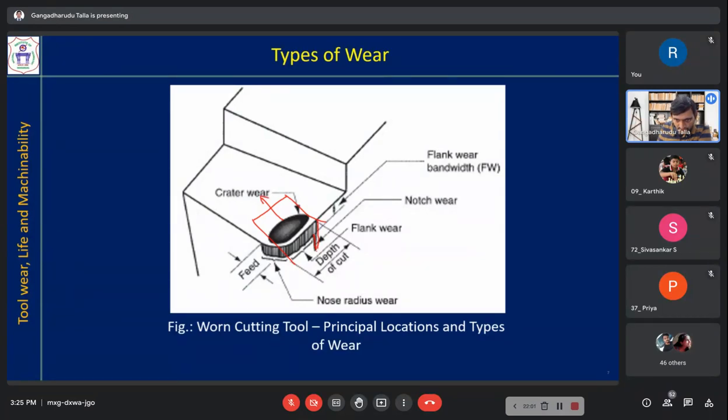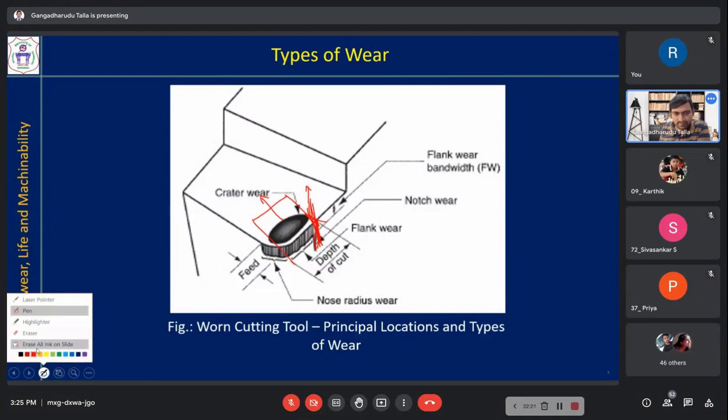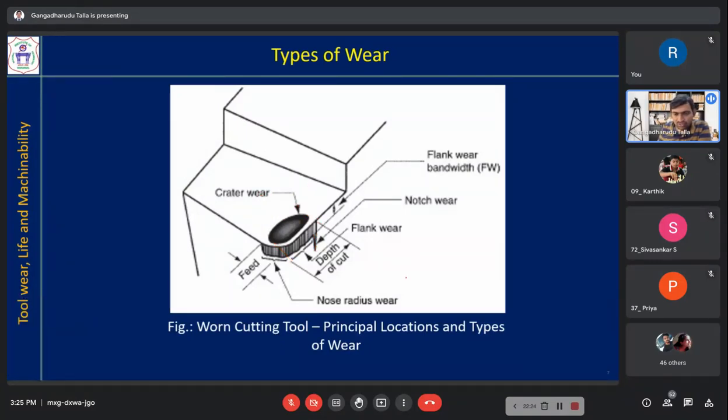At this location, the sharp edge of the chip is continuously in contact with the flank surface and it is moving. It is like a blade, so it is continuously cutting the tool. At this location, you will have this type of deep cut. That is notch wear.